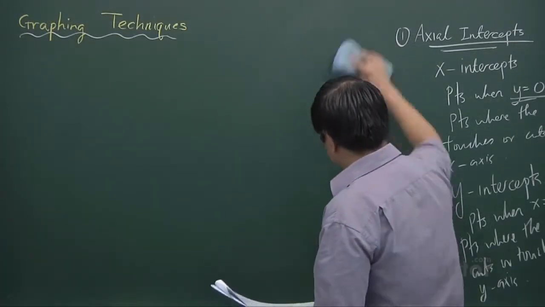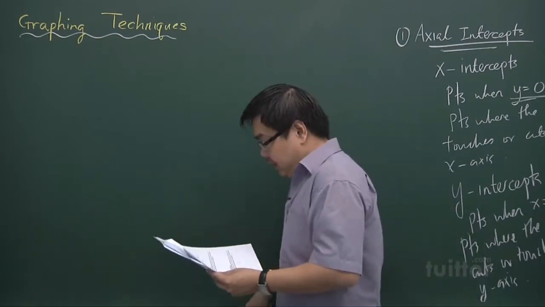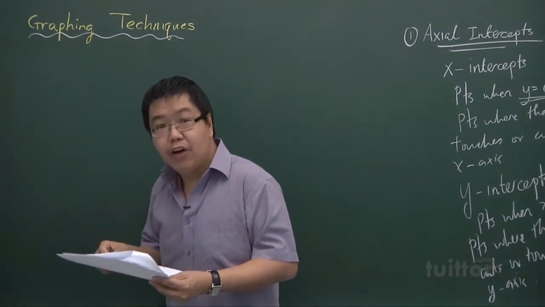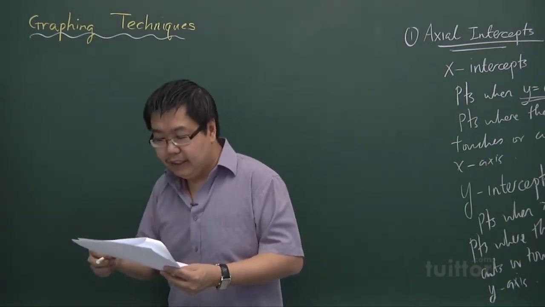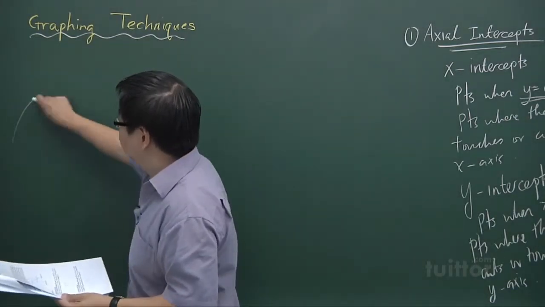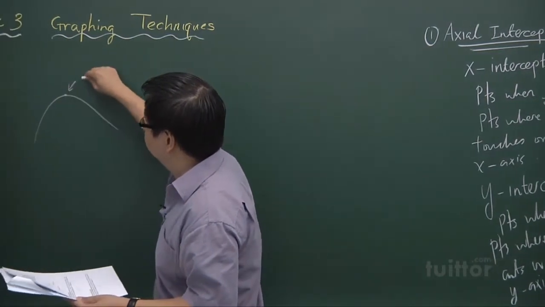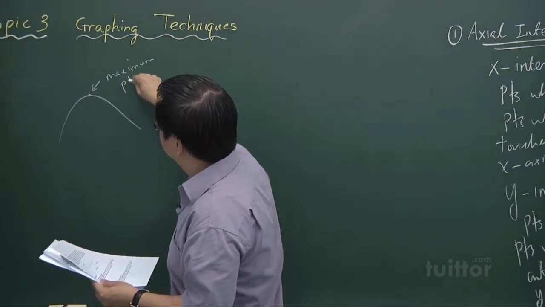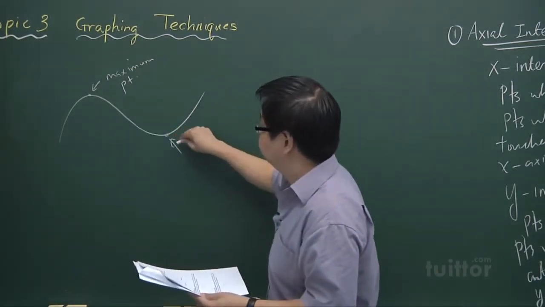Now what are turning points? You look at the notes that is provided. It says that turning points are points on a graph where the curve turns, basically. So a turning point can be a maximum or a minimum point. So a maximum point, where the curve turns, or a minimum point, again, another turn.